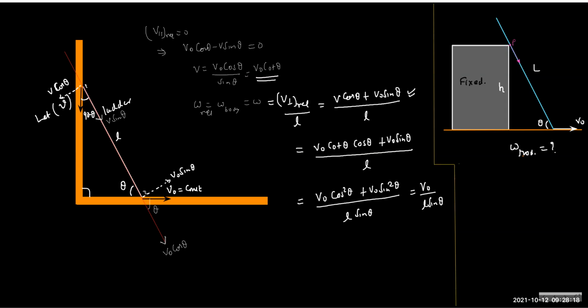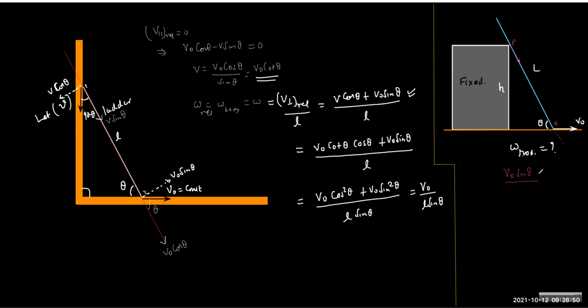So now we know the velocity directions of two points. And because the point P is moving in such a way that it cannot create relative motion, this is a very straightforward question. Let's call it point Q. So you just need to resolve. So the answer is V naught sine square theta upon h.